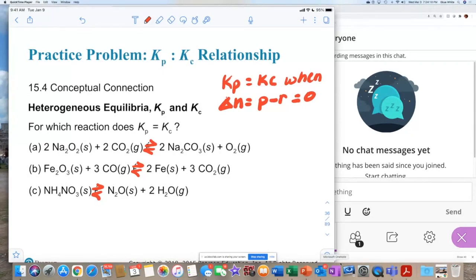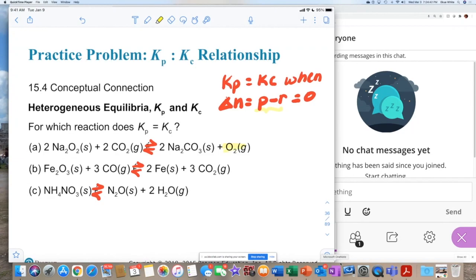In other words, product gaseous moles equal reactant gaseous moles. You're trying to find this for the gases; it doesn't apply to the other elements that are not gases. So I'm going to highlight just the gases so you can see visually what I'm looking at. I'm going to compare the gas moles for product and reactants, and they have to be the same so the difference can be equal to 0.